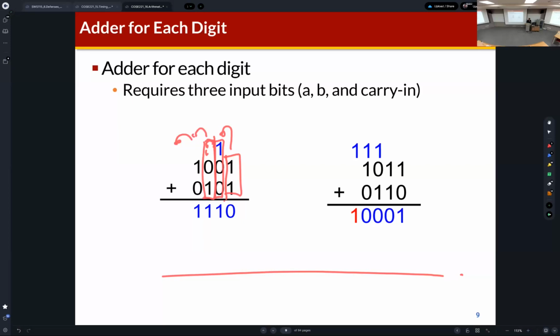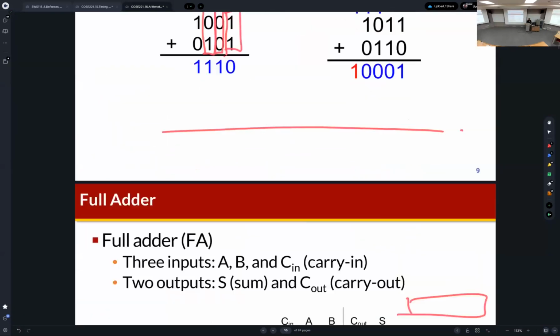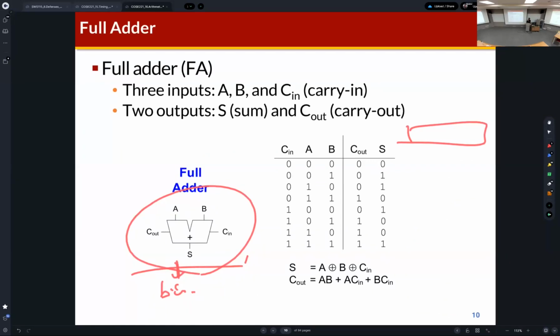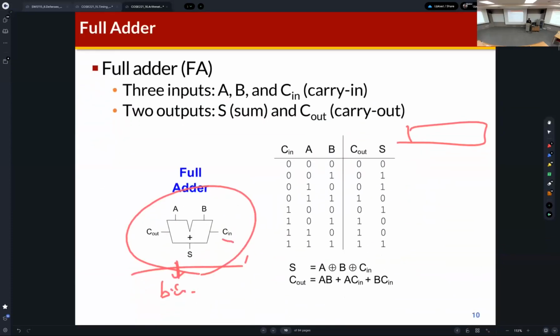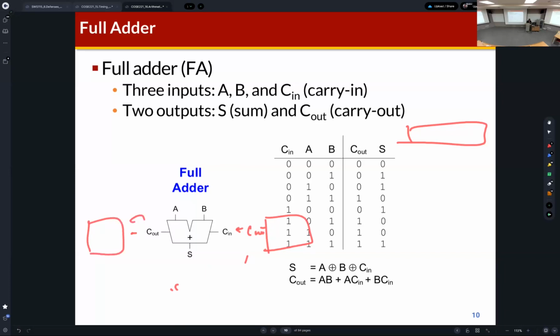So how can we connect these adders for multiple bits? If we understand how to perform the add operation, then we can know that the C in, the carry in, is generated from the carry out of the previous adder, and this carry out becomes the C in of the next adder, like this.